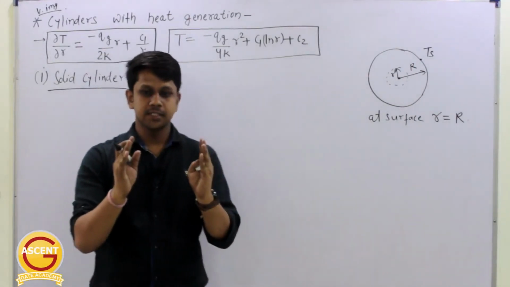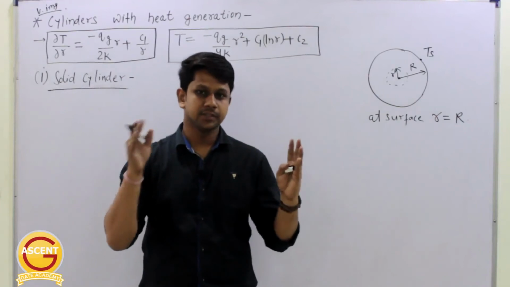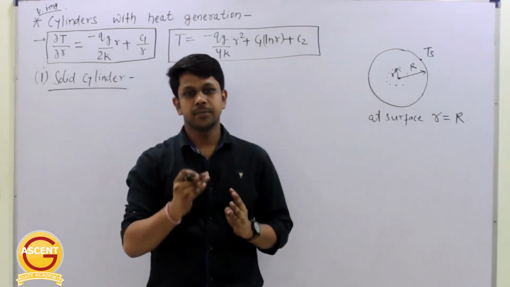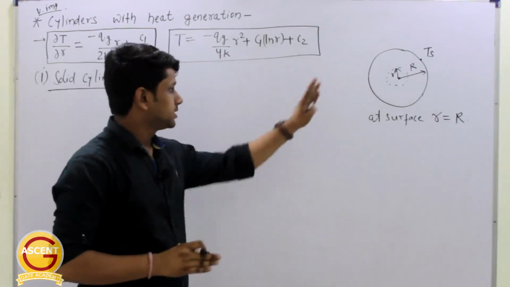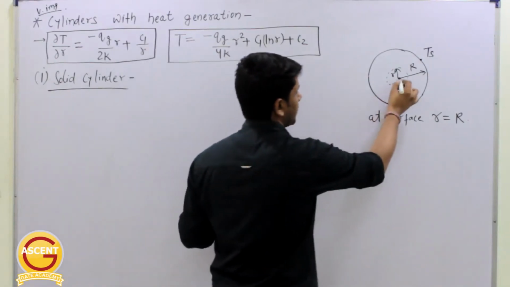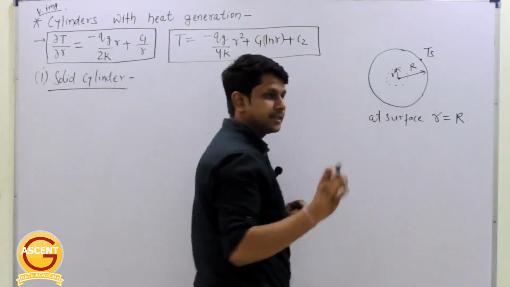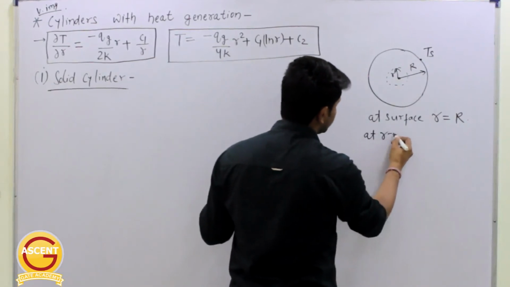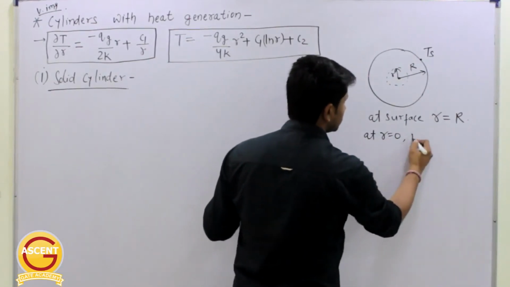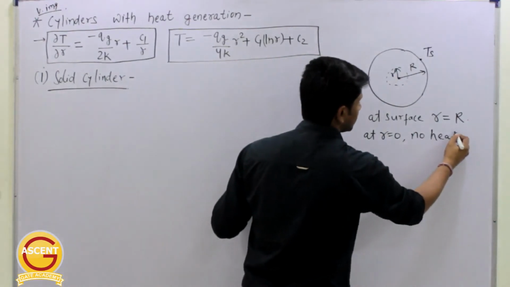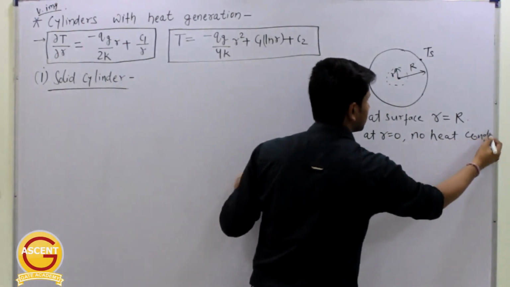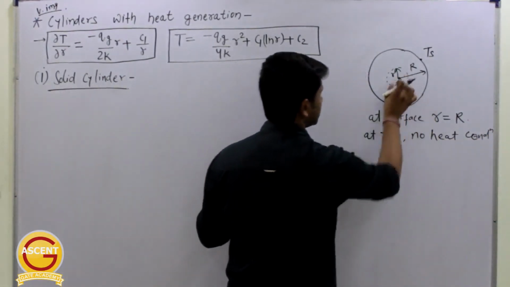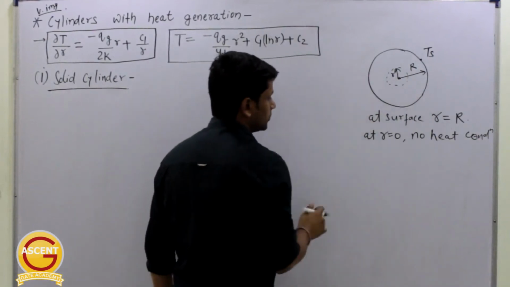So there was heat dissipation from left face and right face. So in the middle section the temperature was maximum. Similarly here at r equal to capital R there is heat dissipation, and at r equal to 0 there is no heat dissipation or heat conduction, because it is the center, or it is the core of the cylinder.